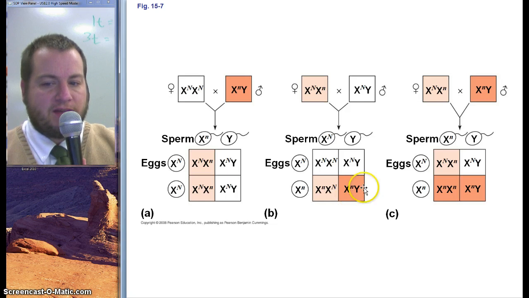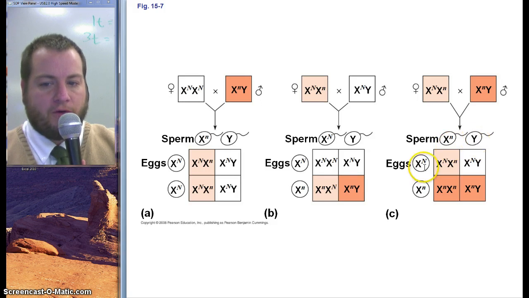For females to have this condition, this has to be the pattern. So the mother has to be a carrier, or she has to have the condition, and then the father has to have that genetic condition. So the sperm that can be produced are a sperm that has the recessive allele, X little n, or a Y chromosome.